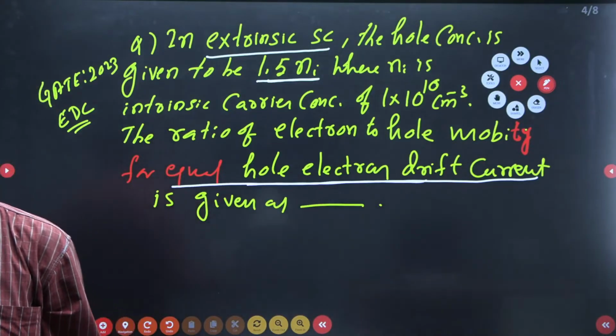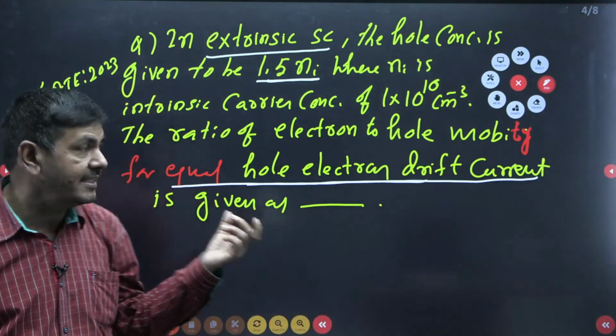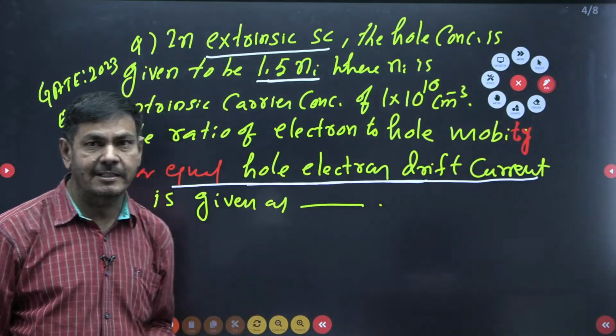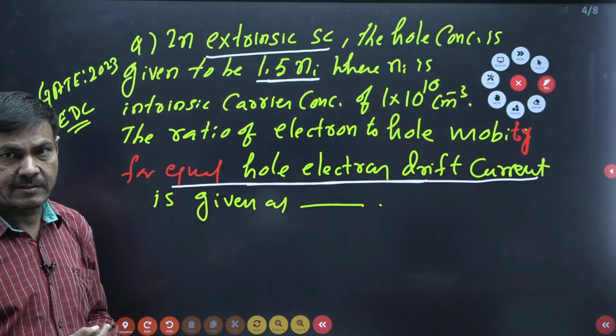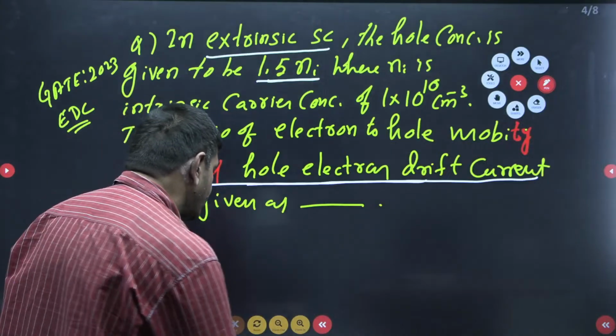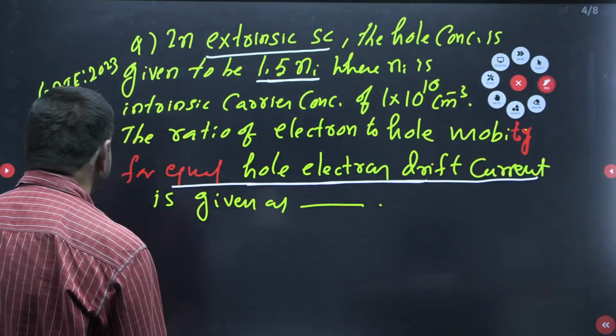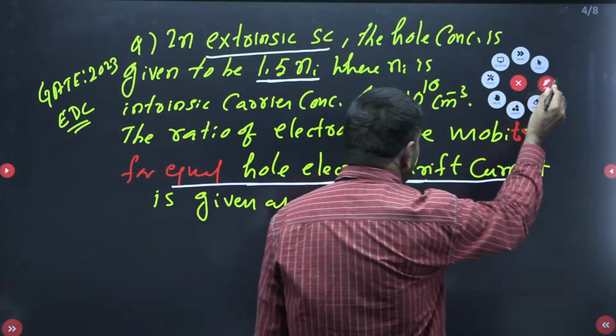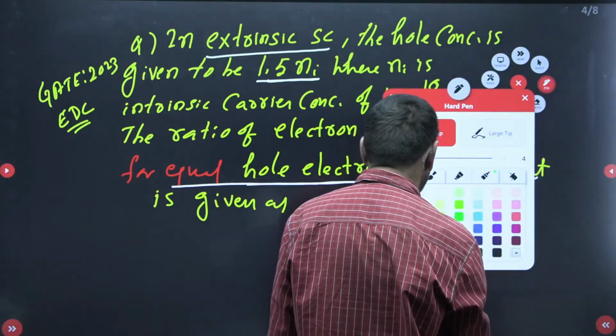Drift current due to the electrons and drift current due to the holes are equal. At that condition, we need to get the answer. I will do it, you watch this question, easily you can understand. Nobody is going to face any problem in this question.